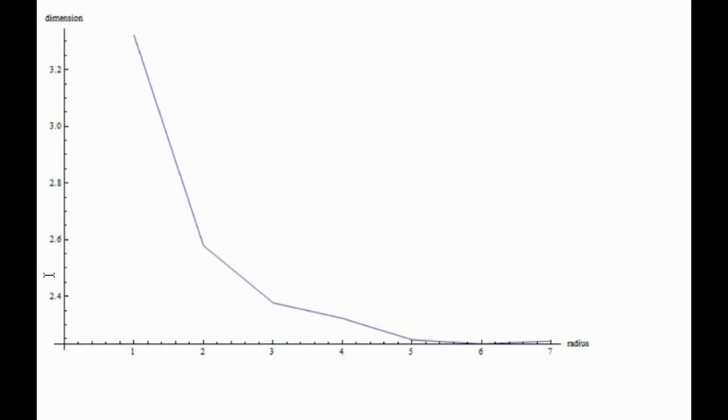We find that the number of nodes within the r ball, as we increase r, increases in such a way as to suggest that the dimension of this system is about 2.2 when we have a large radius. So it looks as if this particular network is growing something like 2.2 dimensional space.